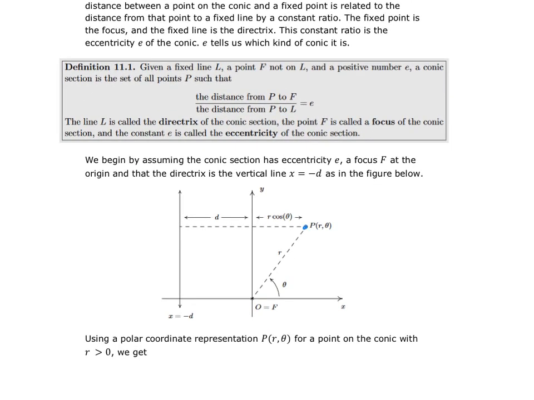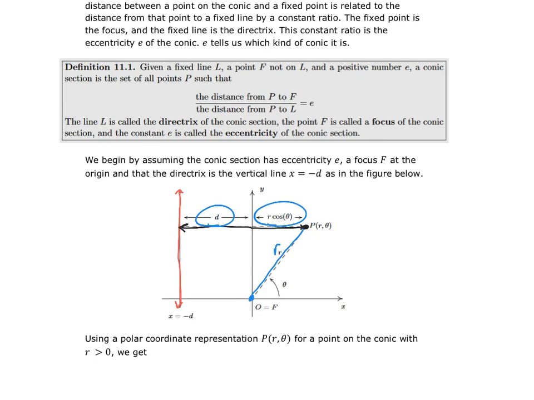So here's our point P, here's our point F, and this is the radius. This is line L, which is also the directrix, and we know that the directrix is going to be halfway between there. So that distance traveled between the point P and my line L is going to be d plus r cosine theta.